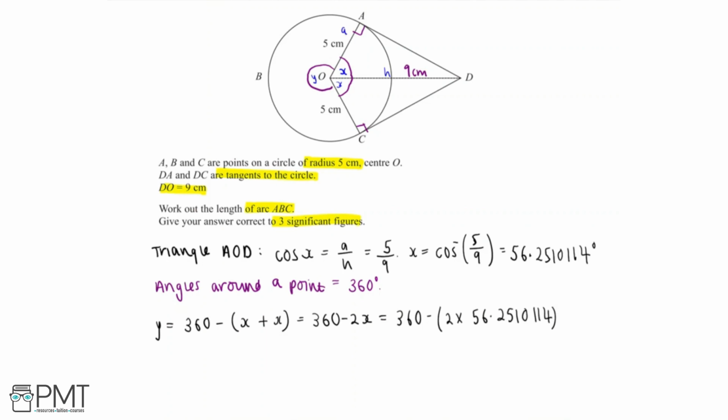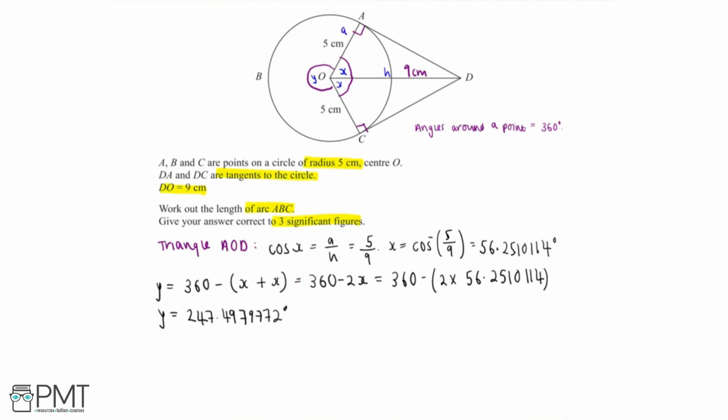And so when we put this into our calculator, we will get an answer of Y equals 247.4979772 degrees.